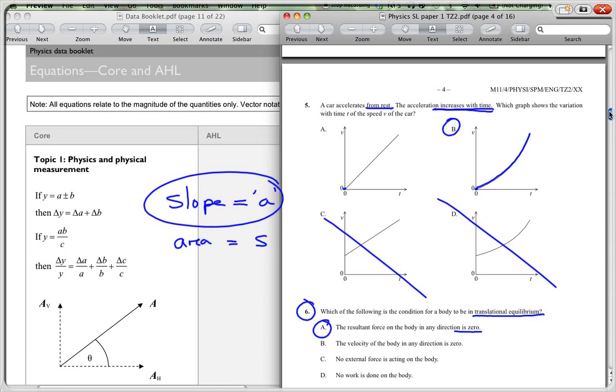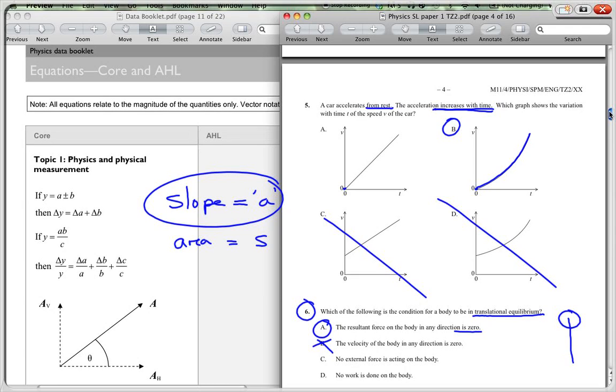Velocity of the body in any direction is 0. It doesn't need to be. It just needs to be a constant velocity. So that's not correct. No external force acting on the body. There may well be an external force, but it's balanced out. For instance, I may have an object that is falling through free space at terminal velocity.